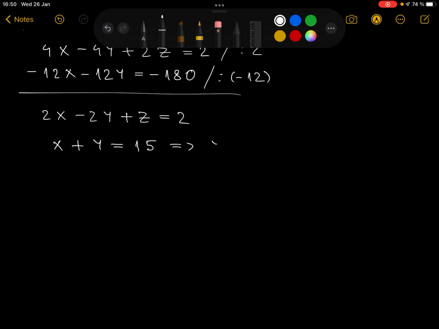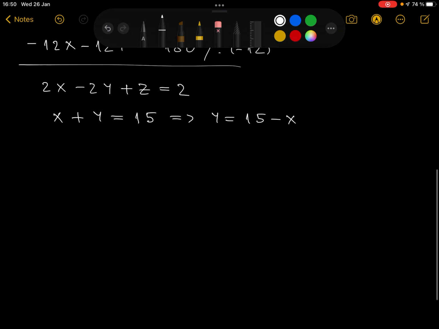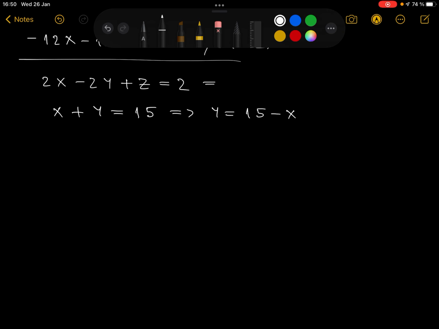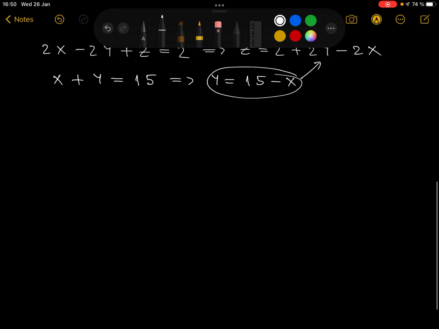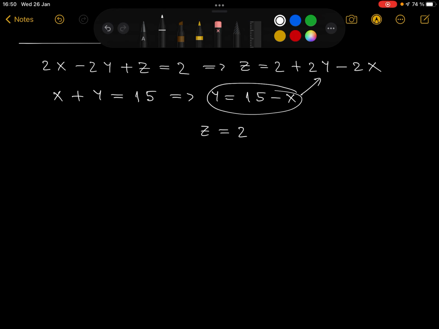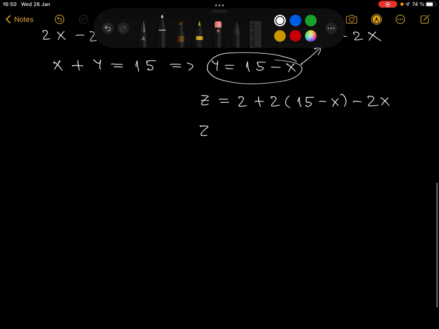Okay, from here we've got that y is equal to 15 minus x, and from here we've got that z is equal to 2 plus 2y minus 2x. Now let's plug this in here so that we can get z as a function of x as well. So z is equal to 2 plus 2 times 15 minus x minus 2x.